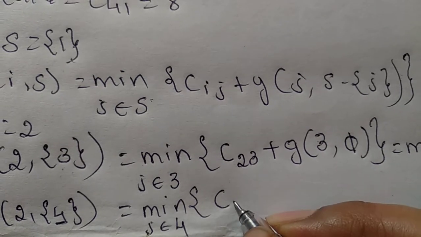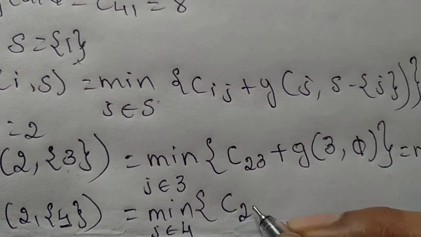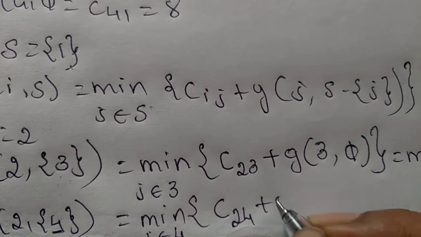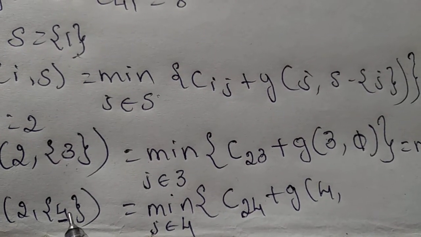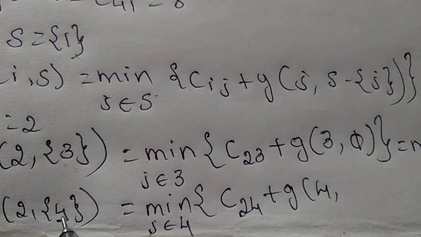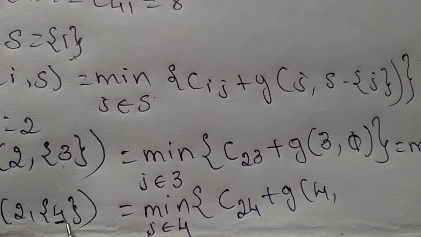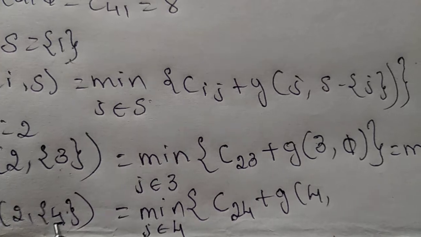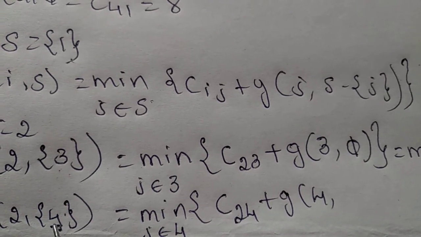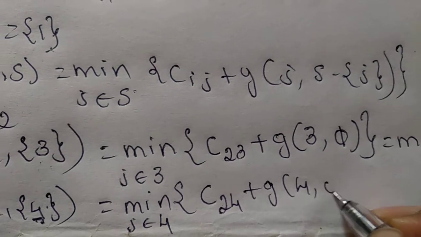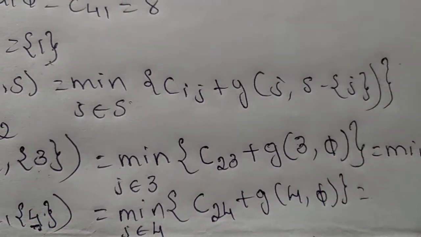C of i value is 2 itself, j value is 4. 2 to 4 plus G of j, which is 4, S minus j. Here S is the set of all the vertices, and j is the individual vertex inside the set. Don't get confused between S and j. Here both are 4 itself. So 4 minus 4 you will get as 5.